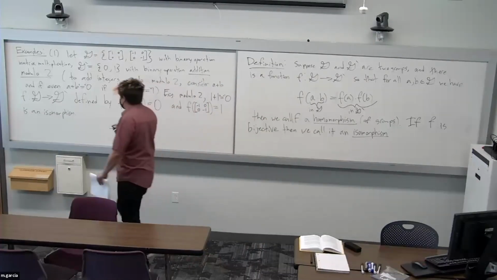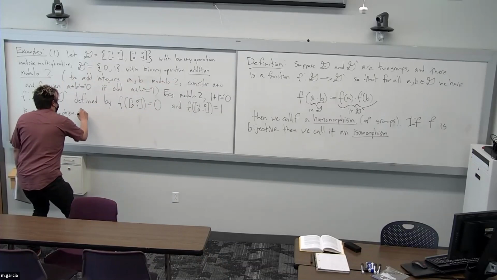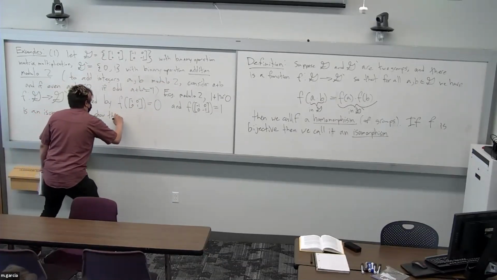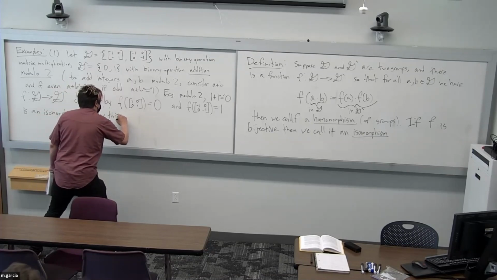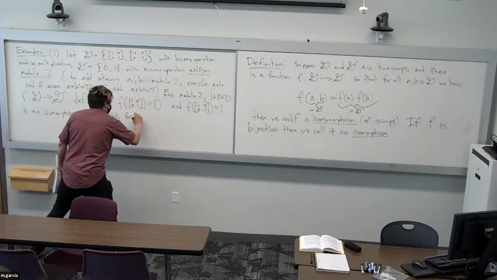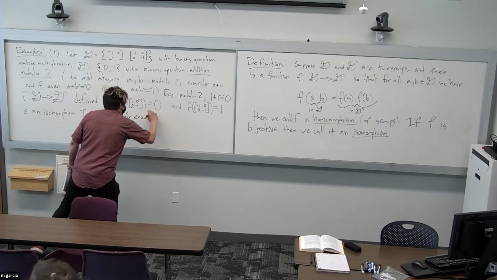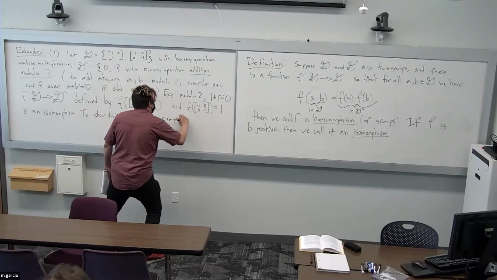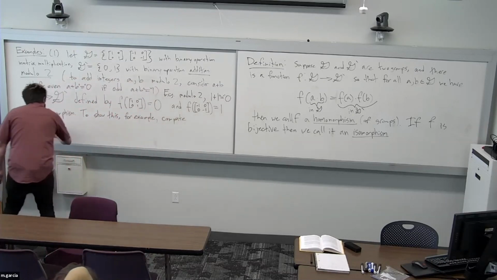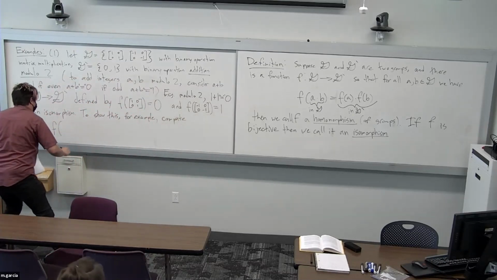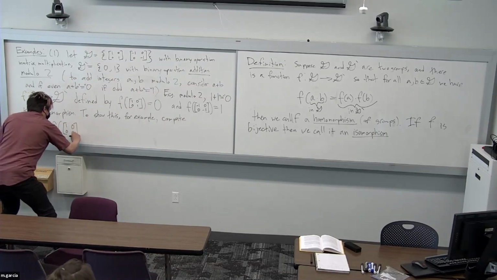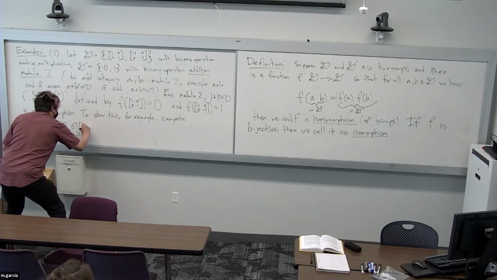Okay, so to show this, for example, compute f of, let's take the identity matrix times the negative of the identity matrix.